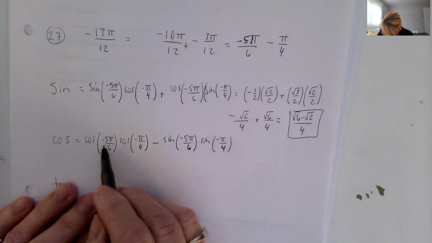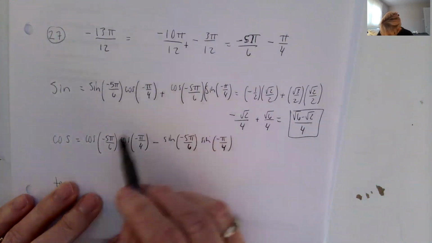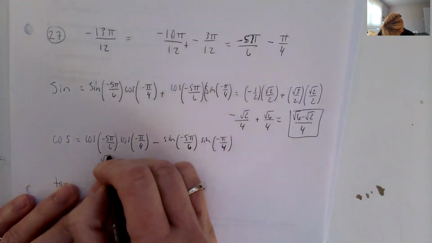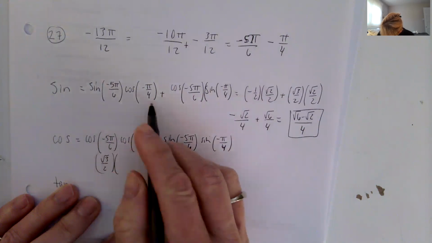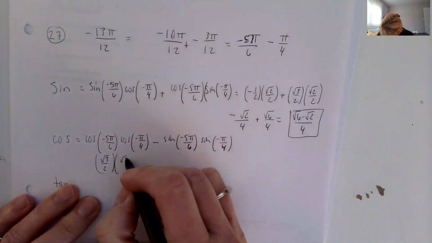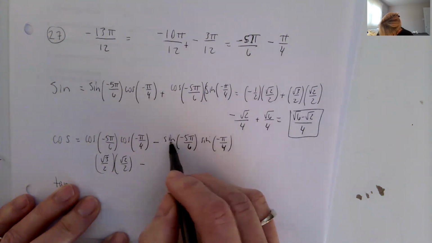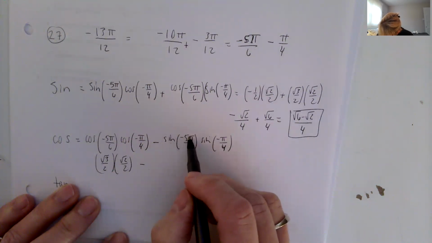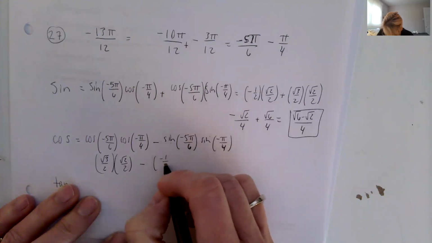Okay, so cosine at negative 5 pi over 6, I can just use my pieces from up here, is the square root of 3 over 2. Cosine at negative pi over 4 is a square root of 2 over 2, subtracting sine at the negative 5 pi over 6 is the negative 1 half.